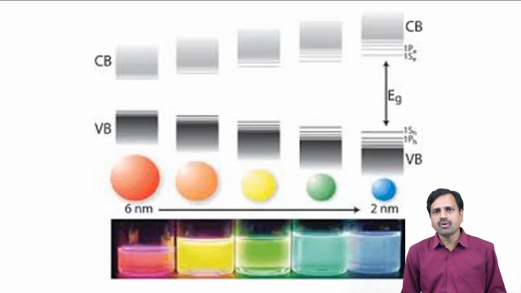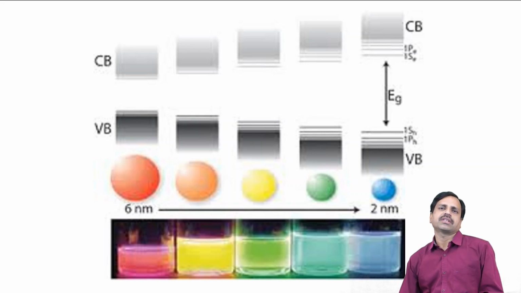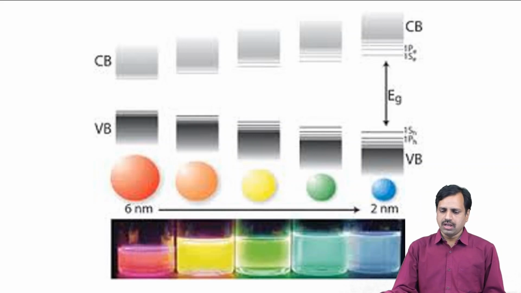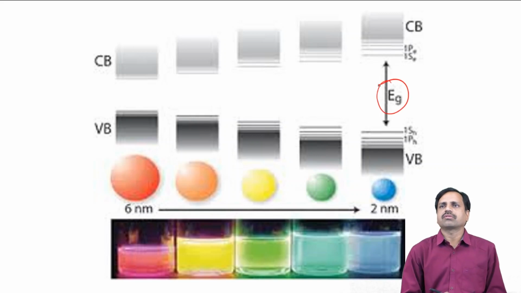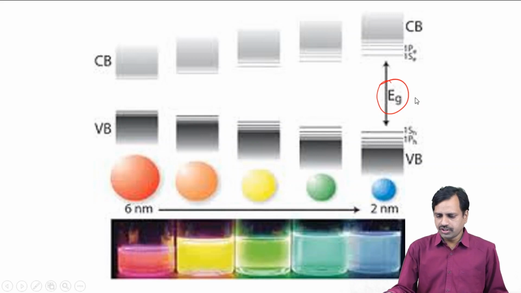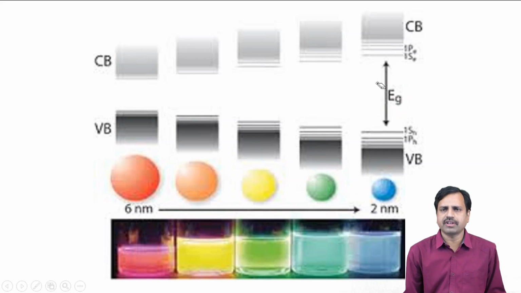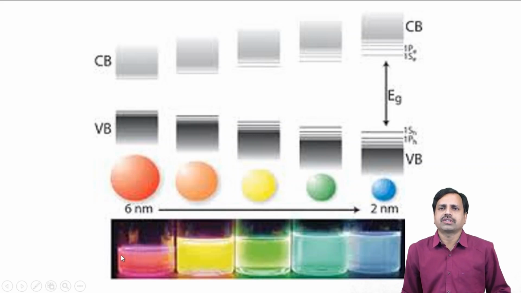One more important thing is the conductivity of the bulk material, or this is called Eg. So this Eg is called the forbidden gap or energy gap. We can see from the picture: this reddish pink is the color when the nanoparticle is 6 nanometers.